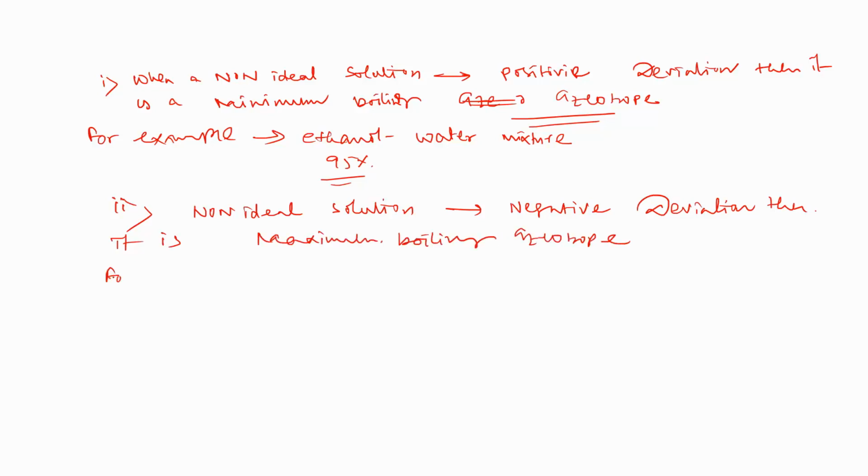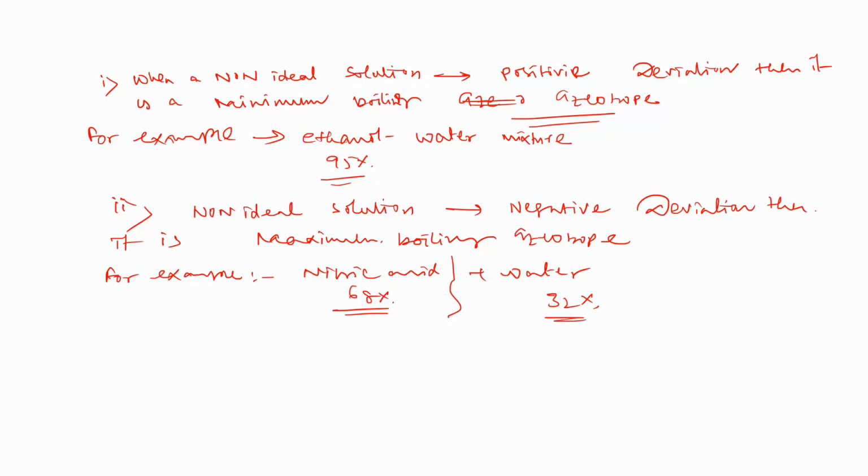For example, the mixture of nitric acid and water, where 68% will be nitric acid and 32% will be water. So azeotropes means the compositions will be the same in the vapor phase and the liquid phase. That is the main point.